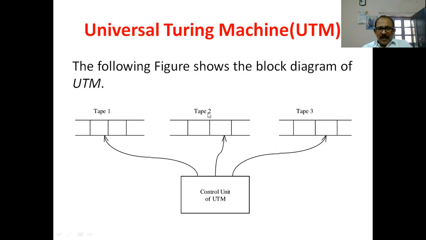With the help of these three tapes, the universal Turing machine simulates any Turing machine. First, it consults tape 2 and tape 3 to determine a transition function, with the transition functions written on tape 1. According to the transition functions, it modifies the contents of tape 2 and tape 3.